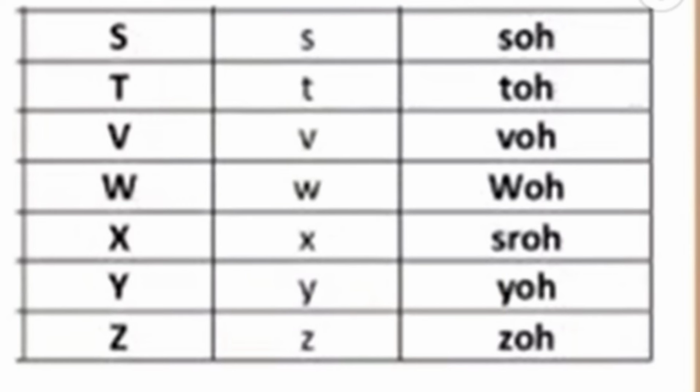Okay, in the fifth batch, the first letter is the letter S, both in capital and lowercase, and the pronunciation in foreign language is so. Next, we have the letter T, both in capital and lowercase, and the pronunciation in foreign language is da.